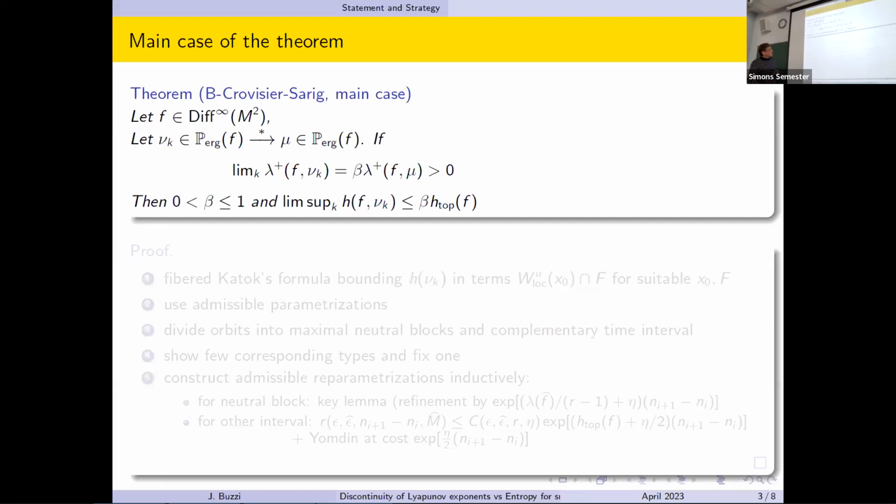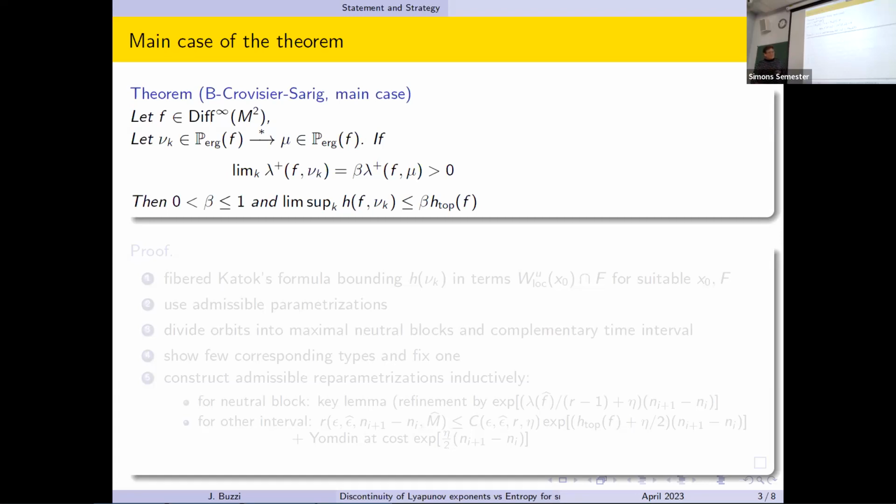Here you make the assumption. So this can be understood as a definition of beta. The two assumptions really are that the limit is ergodic and that the limit has a positive top Lyapunov exponent. Then the conclusion is that you have a bound on the entropy.